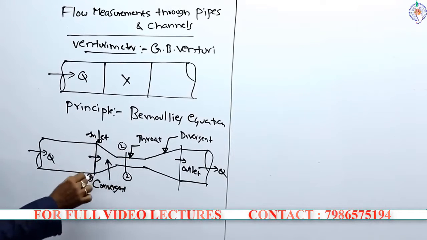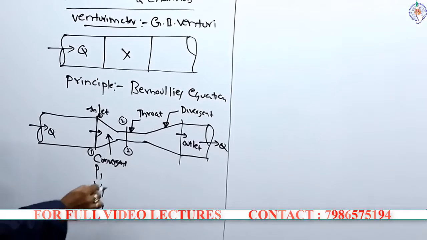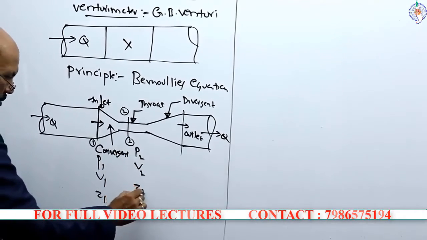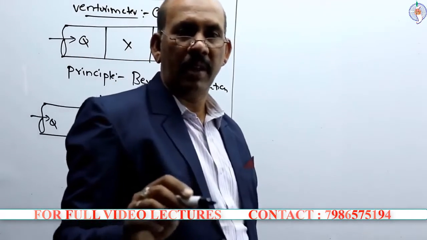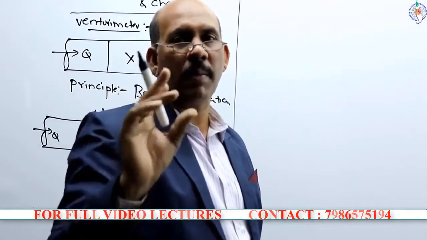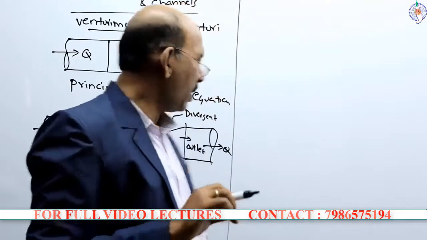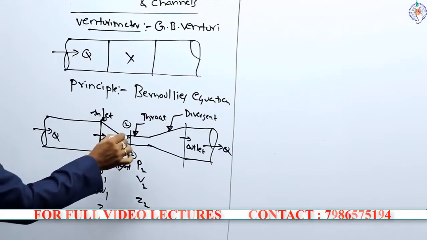Here you can observe the pressure P1, velocity V1 and datum Z1, and here P2, V2, Z2. The measurement of the pressure is done using a manometer, a device used for measurement of pressure.